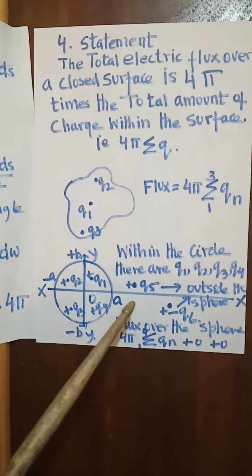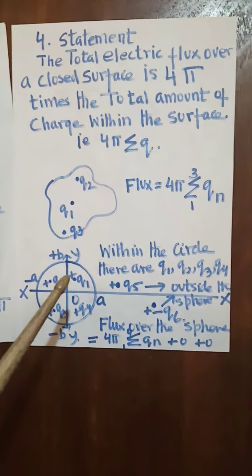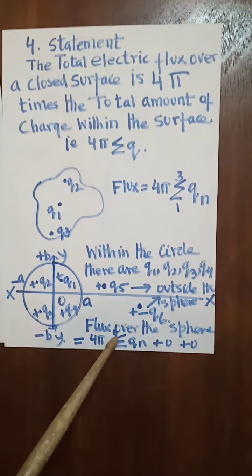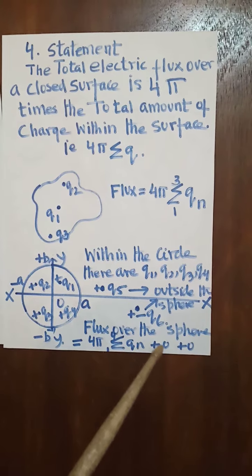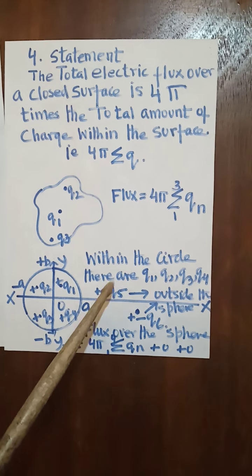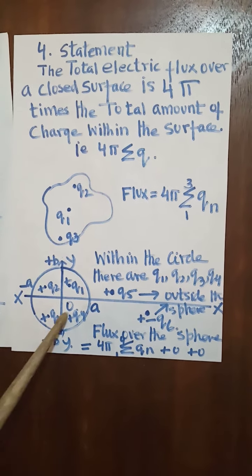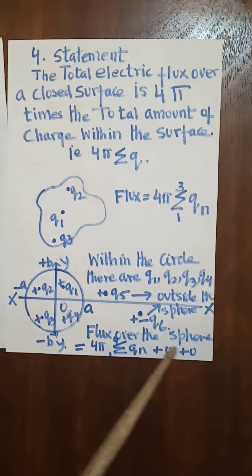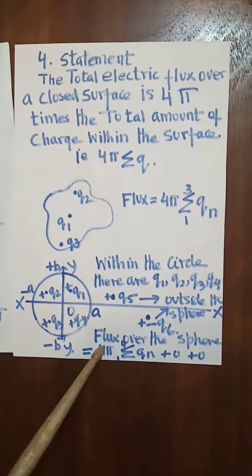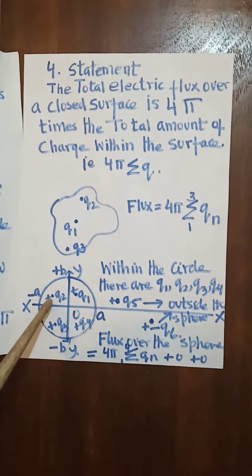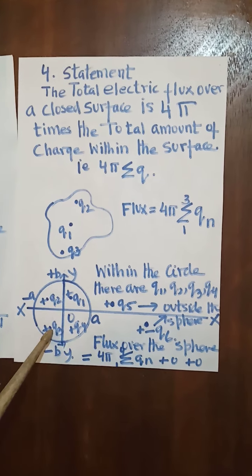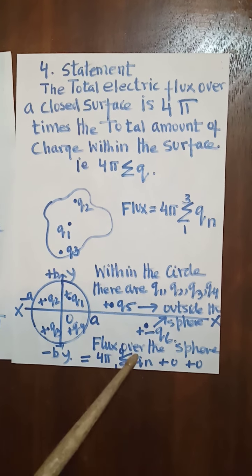Now, what is the total flux? The total flux is 4 pi summation of Qn inside. This is 0, as it is outside this sphere. And another one, this one is outside the sphere, is 0. So it is 4 pi times Q2 plus Q1 plus Q4 plus Q3. That is the total flux.